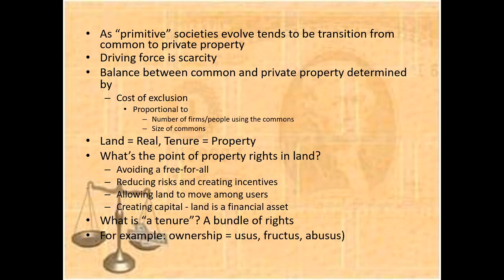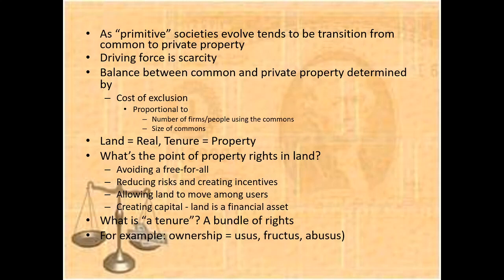So this is what actually determines common and private property, right? Land is equal to real, or tenure is equal to property, these distinctions all come here. So what is the point of property right in land? This is another set of questions normally we ask along with this.